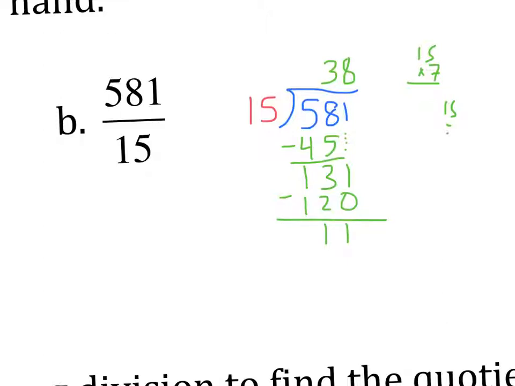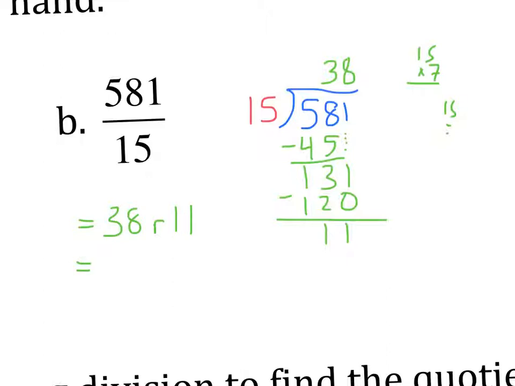Now, at this stage, we come to a problem. There are no 15s that can fit inside an 11. So in that case, we're left with a remainder. So this answer is 38, remainder 11. That's one way to write it.